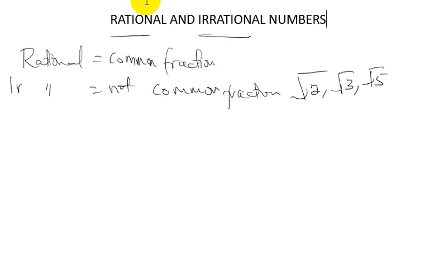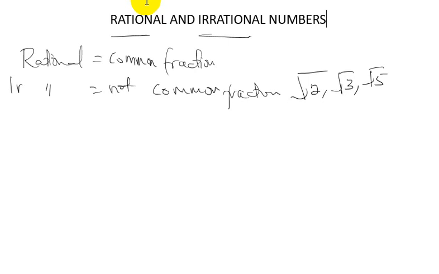Again, I said that rational numbers are written in common fractions, but not all fractions are rational numbers. Irrational numbers are written under the square root, but not all of those are irrational numbers. Why am I saying that?